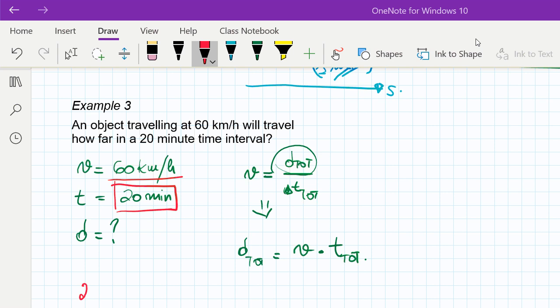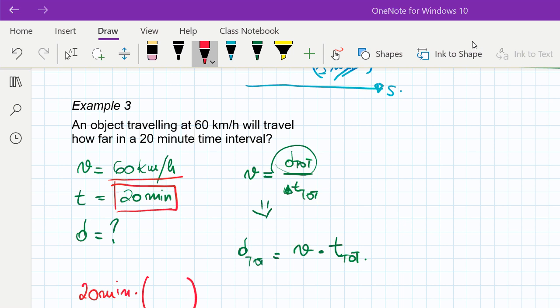So we have 20 minutes and we want to convert them into hours. So in 1 hour, we have 60 minutes, or if we have 60 minutes, then we will have 1 hour. What is the ratio that we have to multiply it by? 1 hour over 60 minutes or 60 minutes over 1 hour?